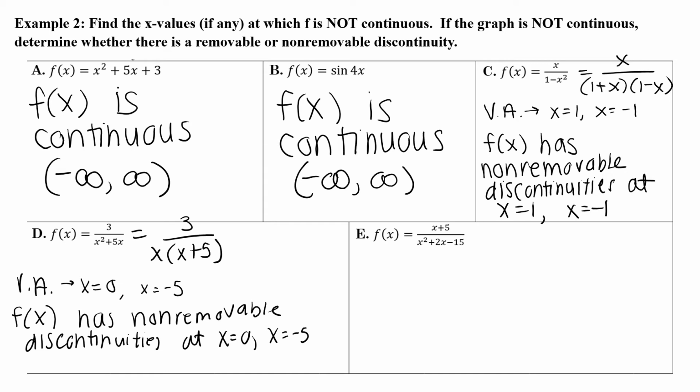Finally, in letter E, we have our function f of x equals x plus 5 over x squared plus 2x minus 15. Again, just looking for holes, gaps, jumps, or any asymptotes. Just like in the last couple, we can start by factoring our denominator. So we have x plus 5 over factors of negative 15 that add up to positive 2, which are going to be a positive 5 and a negative 3.